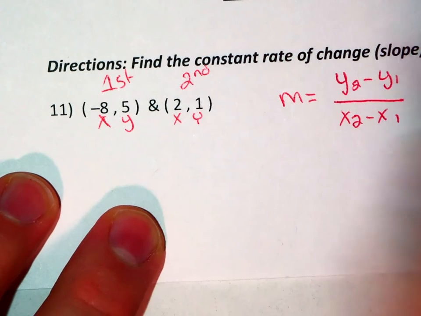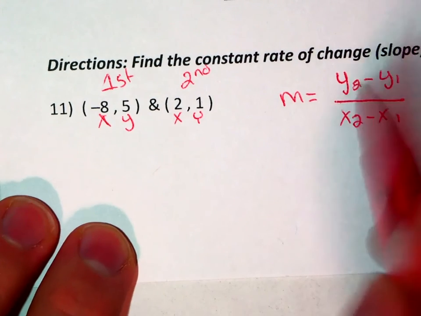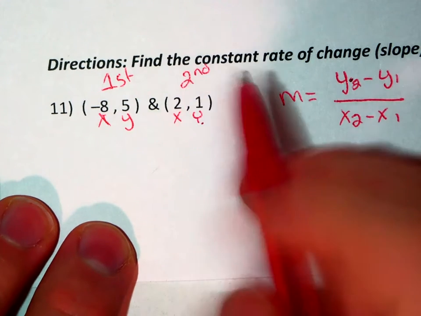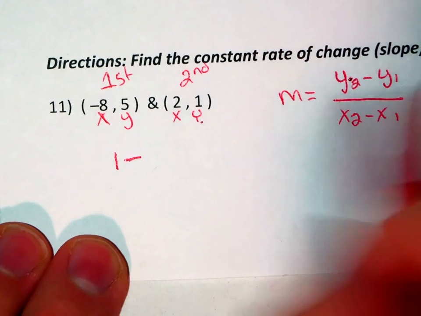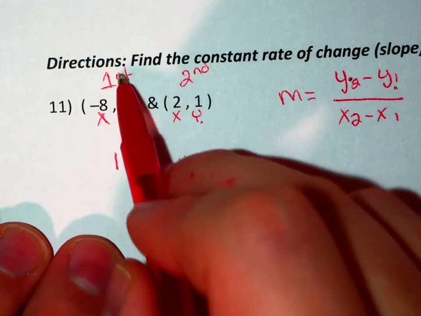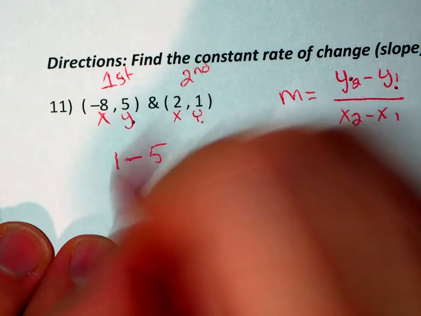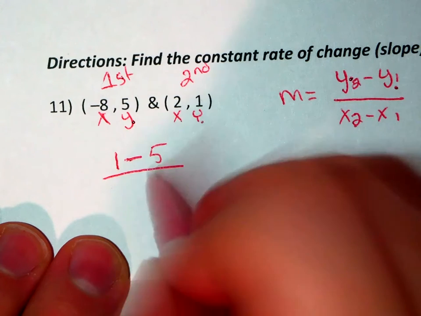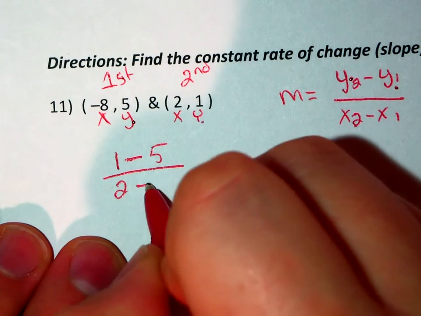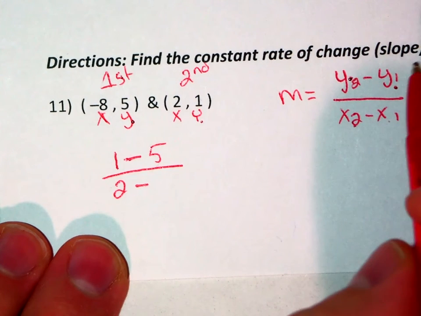X and a y. So my y2 would be my y from my second term, 1, minus my y1, my y from my first term, over x2 is my x from my second term, minus my x from my first term.